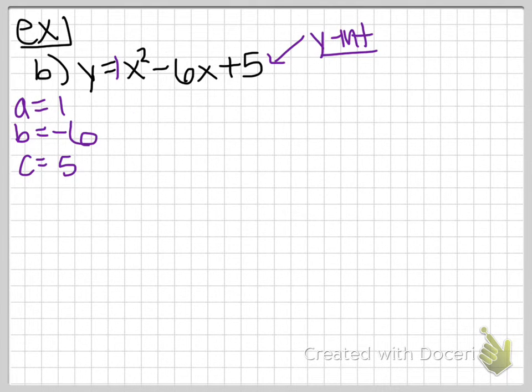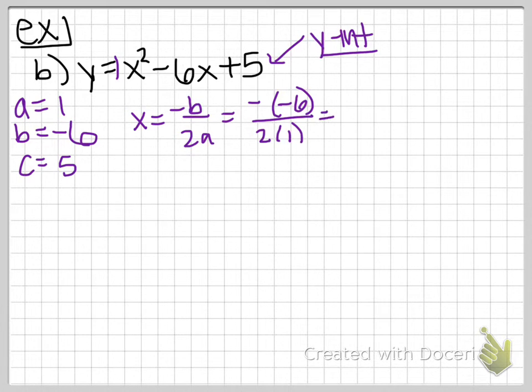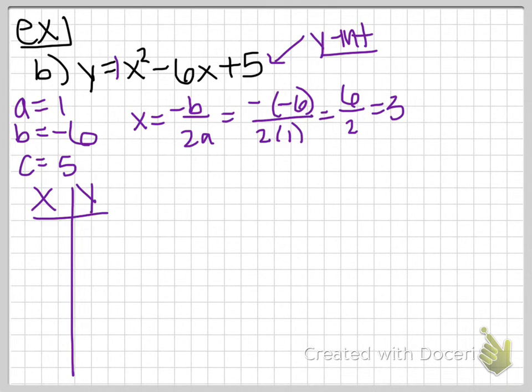Now I'm going to find the vertex by doing negative b over 2a, and you just got to plug the values in. So I have negative of a negative 6 over 2 times my a value. Negative of a negative 6 becomes positive 6 over 2, which will just be 3. So in terms of my table, I know the x part of the vertex is located at 3.